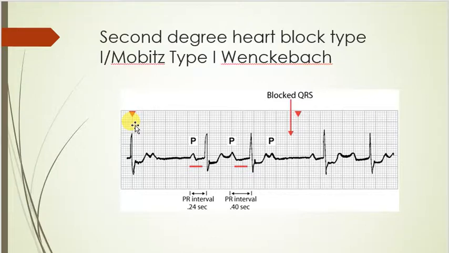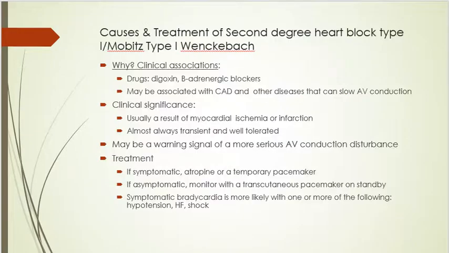In the meantime, you can consider giving them some atropine to speed up the heart rate while you're waiting for this pacemaker. I know your book has more treatments besides that, but pretty much if this starts to get symptomatic, then you're going to be looking at a pacemaker, and then you can treat with atropine in between. Okay. So it's that progressive prolongation is what you're watching for.